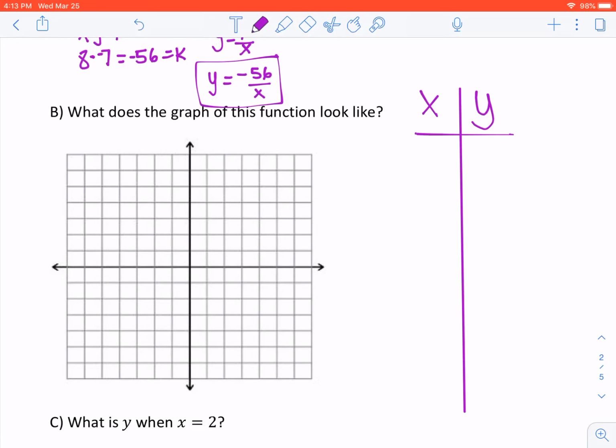Now the trick here is make sure you pick positives and negatives. And the numbers you're going to pick are going to be numbers that in this case divide into 56. You don't want to pick a number like 5 because it's going to give you a fraction. Negative 56 divided by 5 is going to be negative 11.2, and we don't want to deal with that. So you only pick numbers that divide into 56.